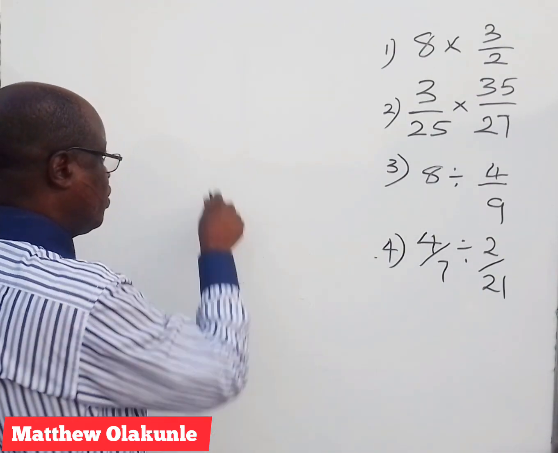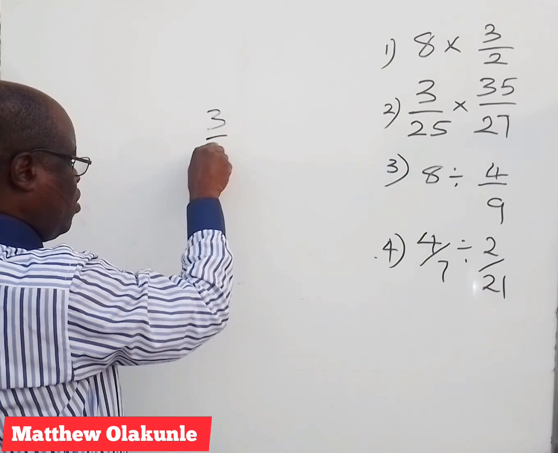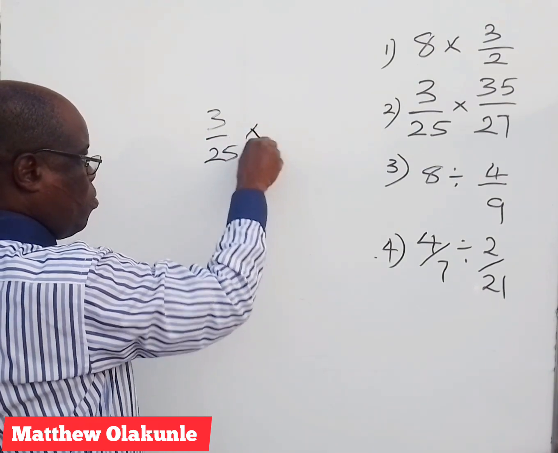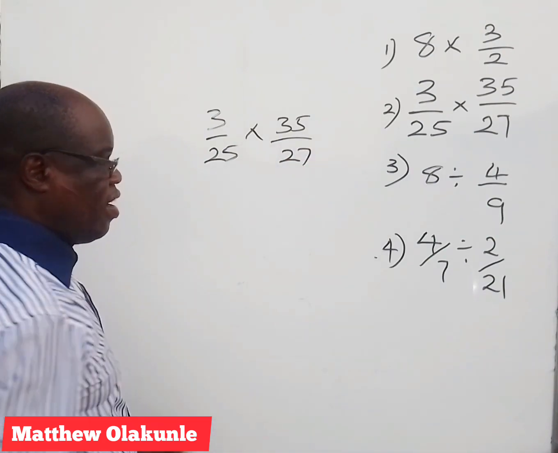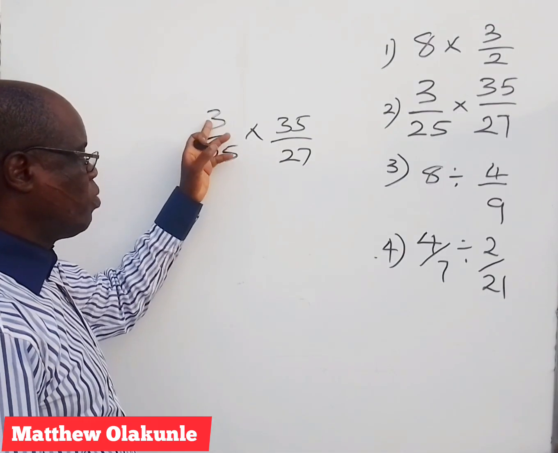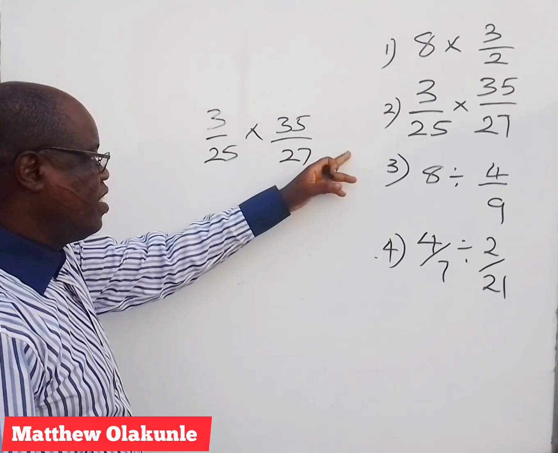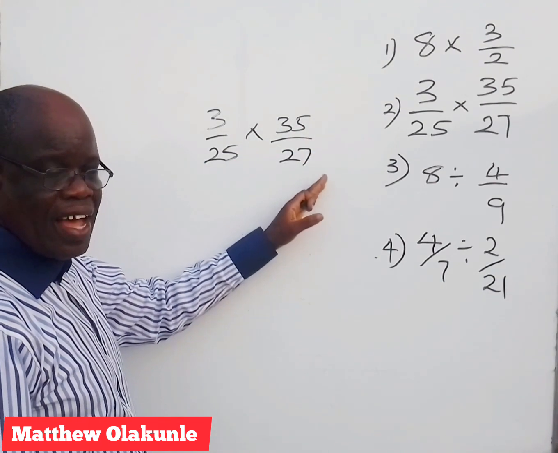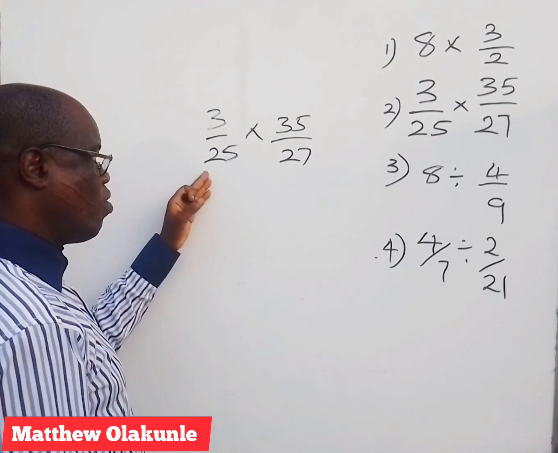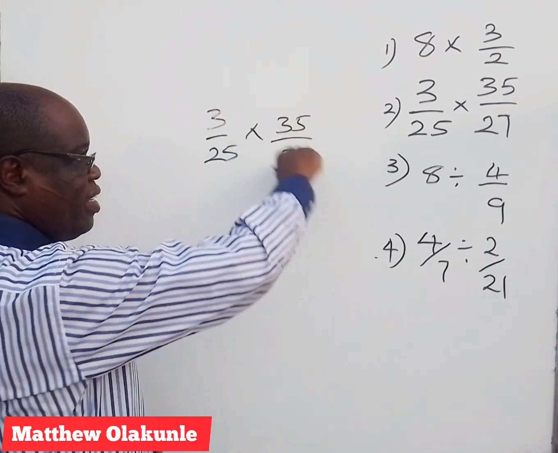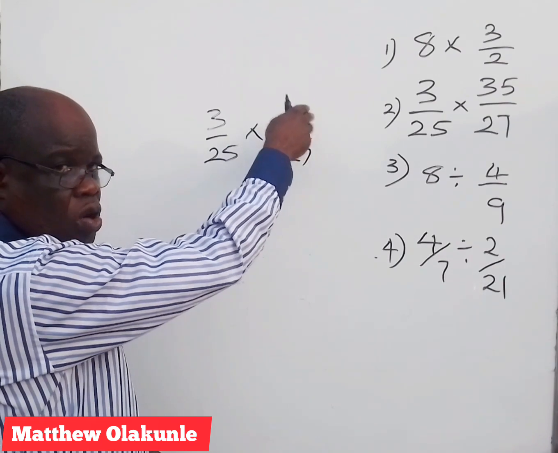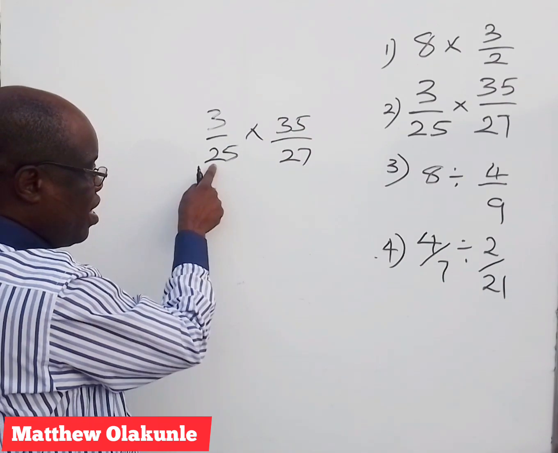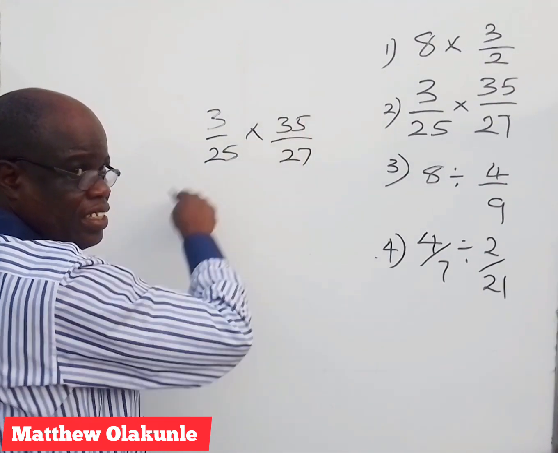You have 3 over 25 multiplied by 35 over 27. For the first method, you multiply this by this, and you divide it by the multiplication of this, and then you simplify. For this second method, you look at it diagonally like this, or like this.